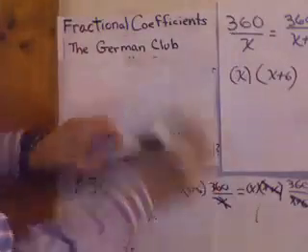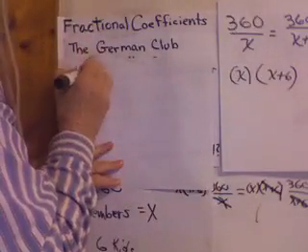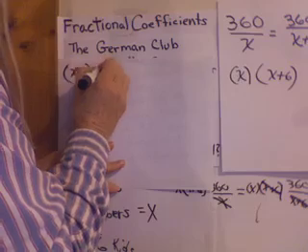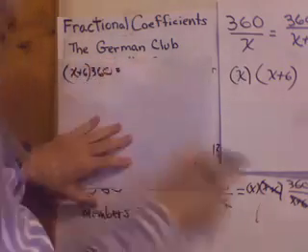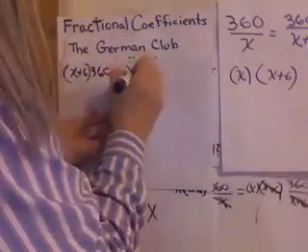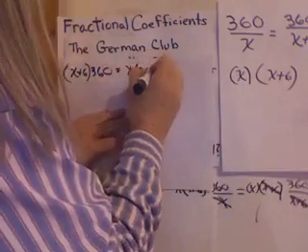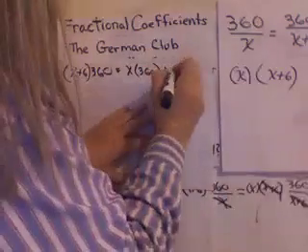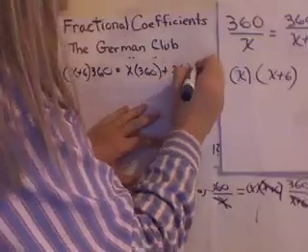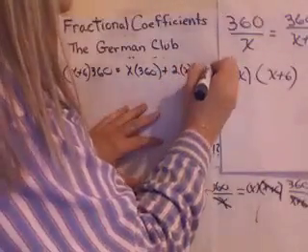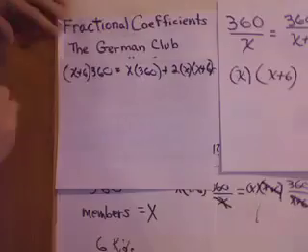So we have x plus 6 times 360 equals x times 360 plus 2 times x plus 6. That's still a little tricky.